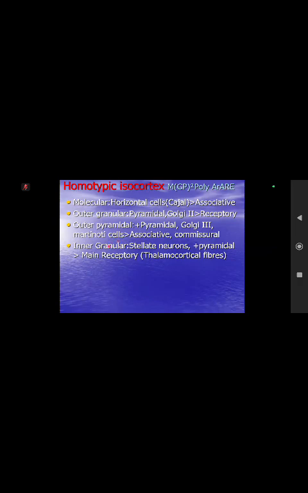Then we have the inner granular layer. The inner granular layer consists of stellate cells, stellate neurons, and also some small pyramidal cells, but mainly more closely packed stellate cells. So this area of the inner granular is the main receptor area. That is this R, main receptor area.